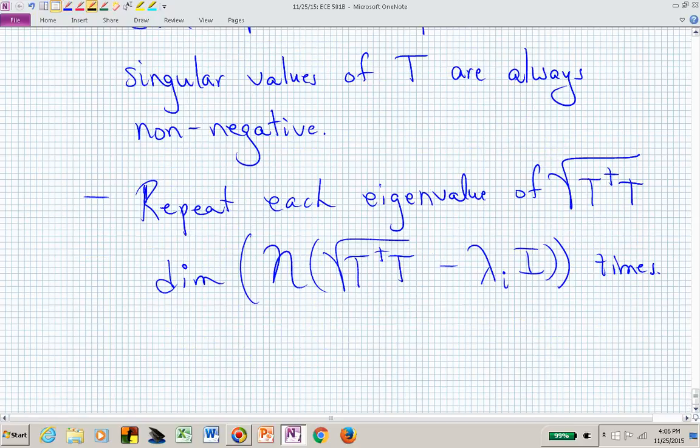Where if we wanted to, we could say for each lambda sub i, maybe that eigenvalue is repeated m sub i times.